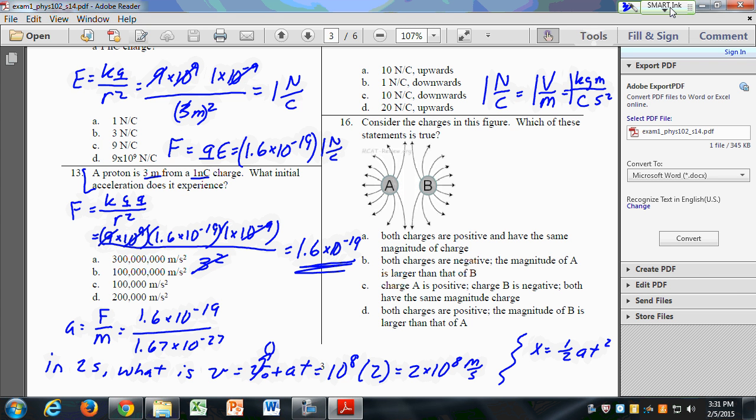I just said kilogram meter per second squared, that's a Newton, and then 1 over Coulomb. These are the basic SI units of the electric field. You need to be able to do that anyway. I can kick in questions like that with basic SI units, and you just look at the equation and plug in the right units for each variable.